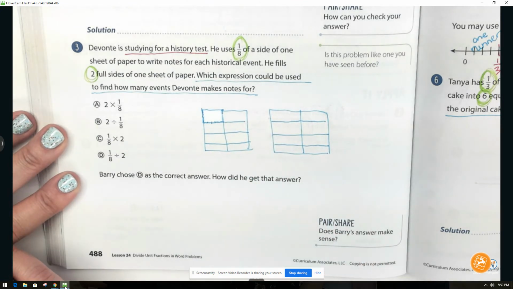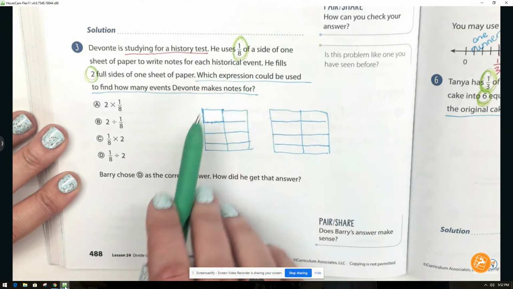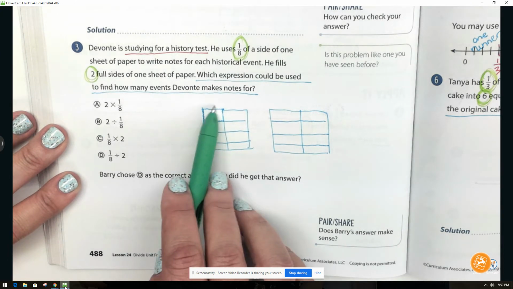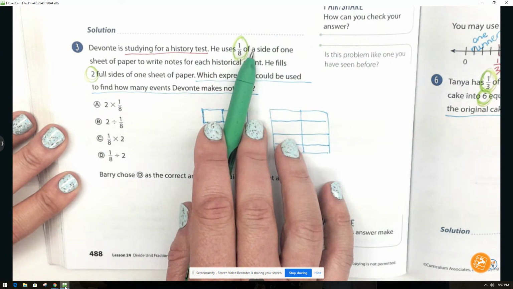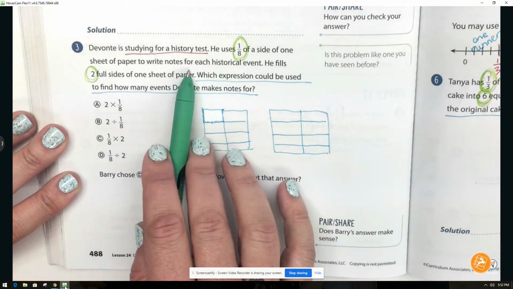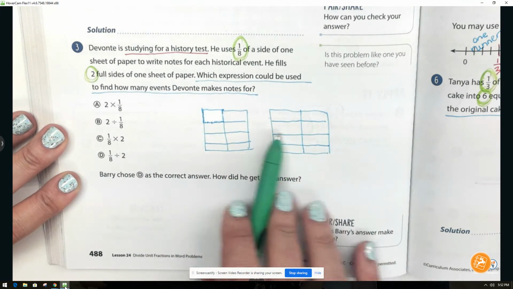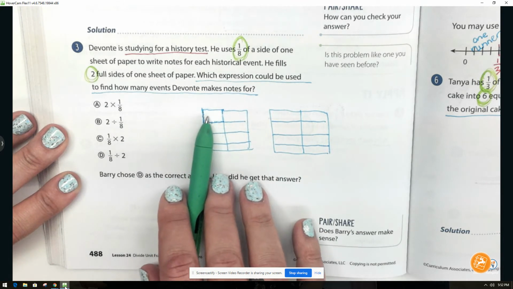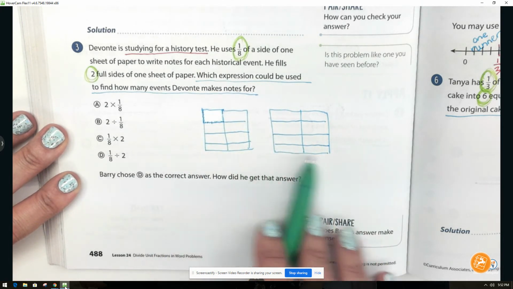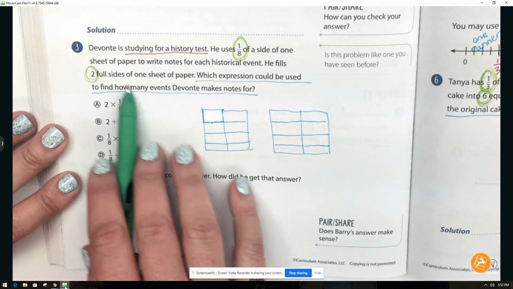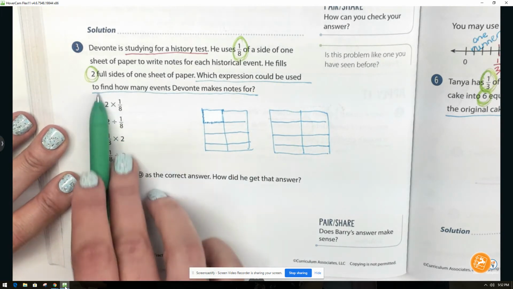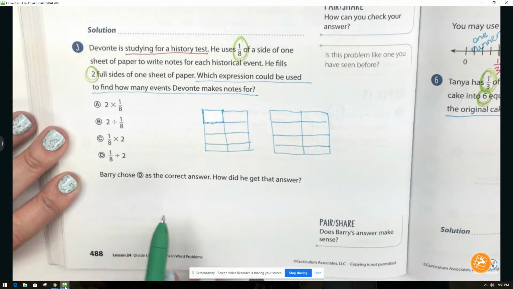And then we know that he uses 1/8 of a side of paper to make notes on. So we want to know if he fills 2 full pages of notes, how many eighths is that? What does that equation look like? Which of these is the correct expression?